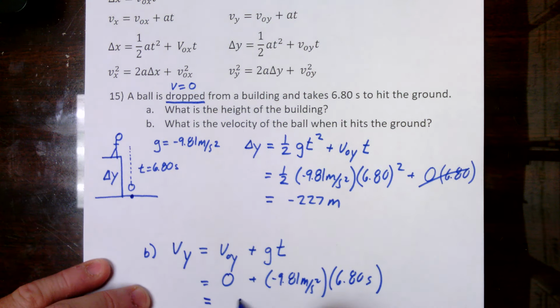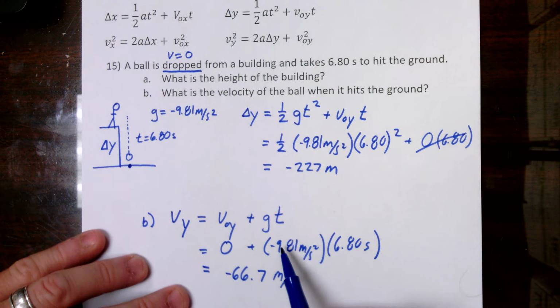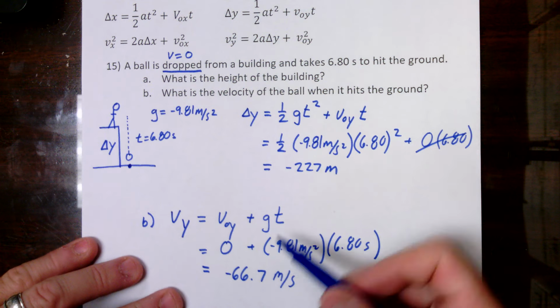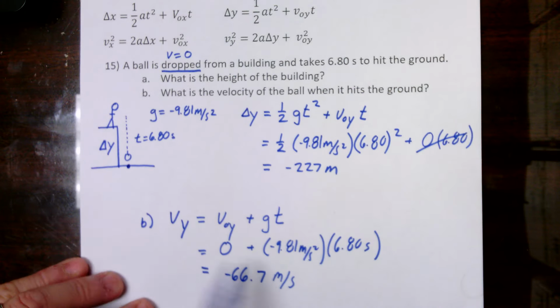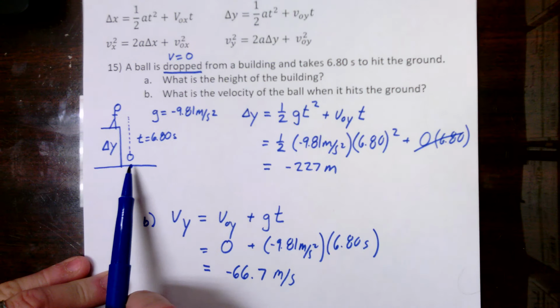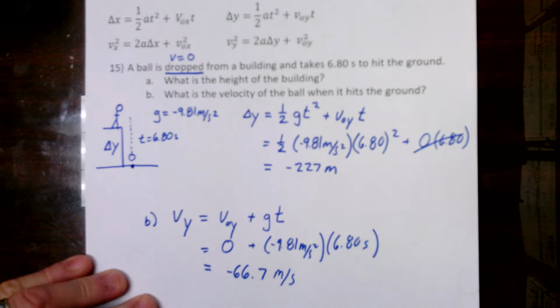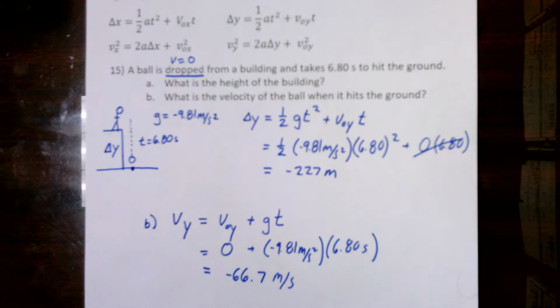And I get about negative 67 meters per second. I'm calling that negative because I said the acceleration was negative, calling that the negative direction. So that's going down. My velocity in this case is going to be a negative velocity, because I'm going in the direction that I've assigned to be negative. So this ball is going about 67 meters per second when it hits the ground.